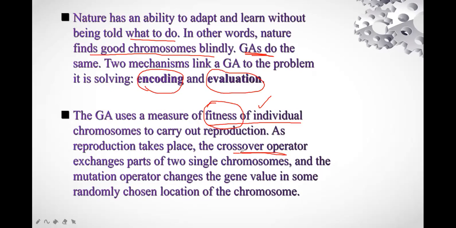They are the crossover operator, which exchanges parts of two chromosomes with each other, and the mutation operator, which changes the gene value in some randomly chosen location. I will explain in further lectures how the crossover and the mutation take place.